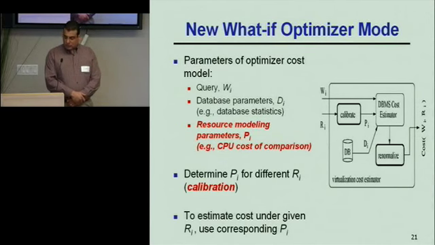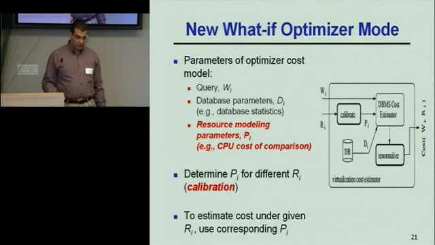So we need to develop a calibration procedure that gets us the values of these resource modeling parameters for different resource allocations. Okay? Some database systems have this procedure automatically built in because you need to do this when you install the database system on a new machine.